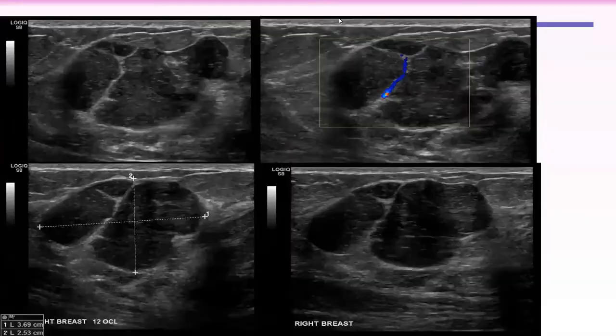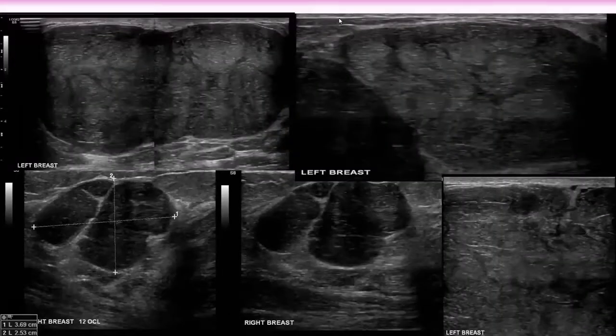So the right lesion here is circumscribed, homogeneous, septated with some intralesional vascularity, features very typical of fibroadenoma, while the left one is heterogeneous, with areas that are more hypoechoic, and even the internal structures, though it is circumscribed, there is an area of cystic component with adjacent focal skin thickening.